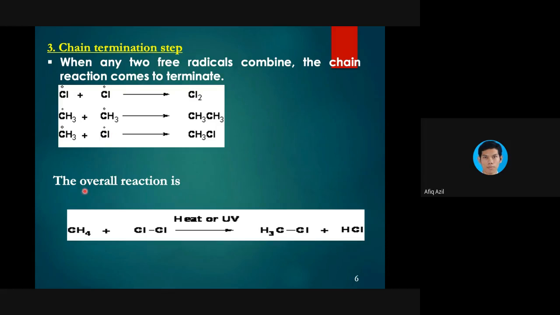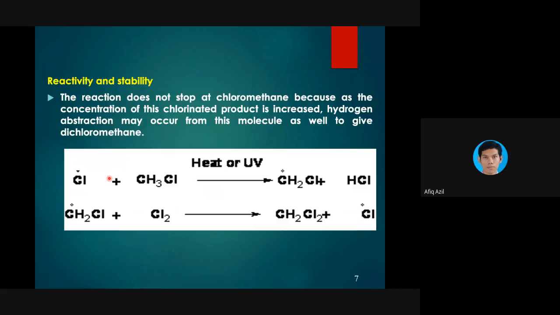The overall reaction will be written as your alkane, in this case CH4 or methane, plus Cl2 in the presence of heat or UV light to obtain your alkyl halide plus HCl. The halogen can be either chlorine or bromine.